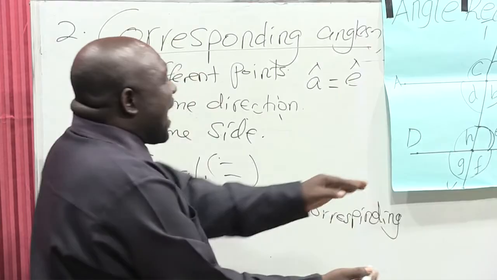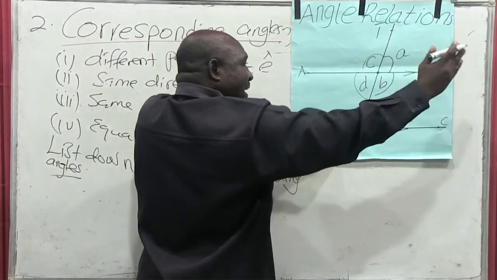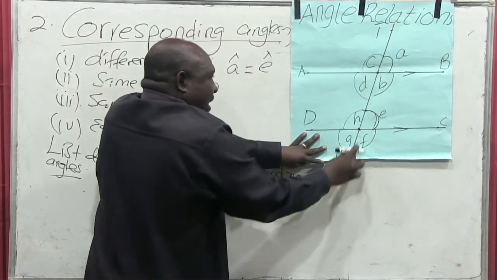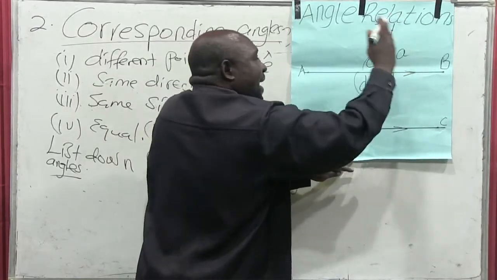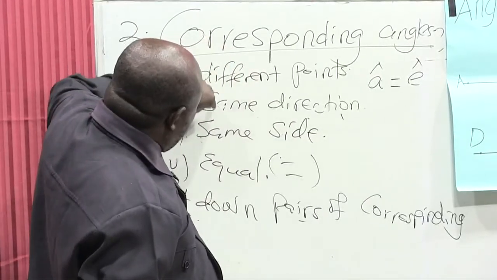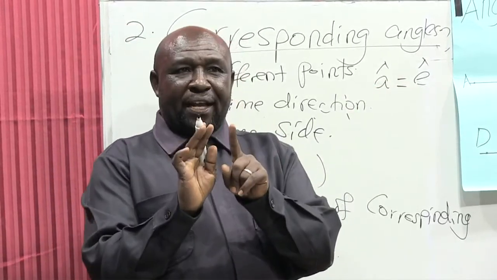What about the side? To this particular side there, right hand side with respect to the transversal line. So on the right hand side there, go 1, 2, 3 for A and E. It's okay.